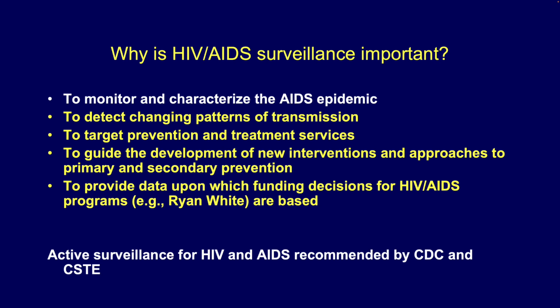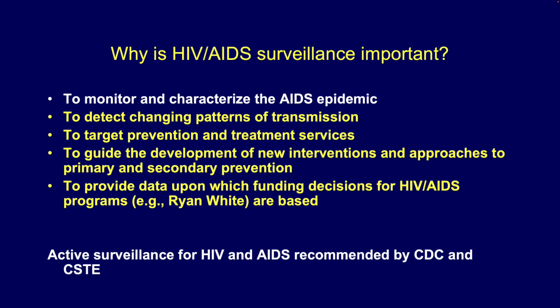So this is an example of how the goals of surveillance sometimes need to change. Surveillance could potentially be used to track what could be changing patterns of HIV transmission, and it could be used to systematically inform the equitable targeting of federal and local testing, prevention, and treatment services and other resources. This is an epidemic that affects all the states around the US, and some more than others. And it became important for the federal government to figure out how it was going to fund treatment for HIV and AIDS.